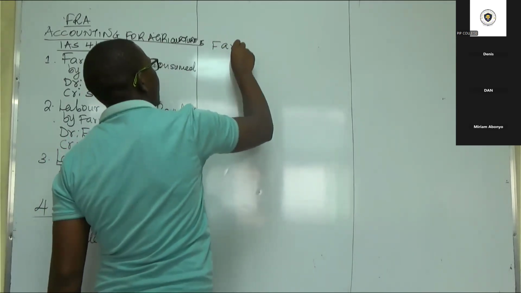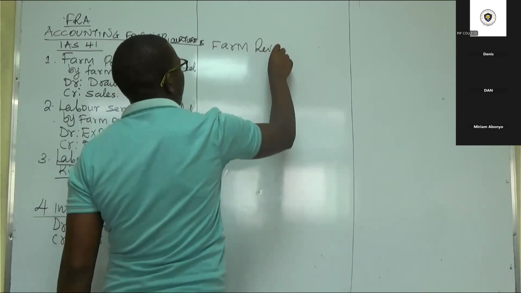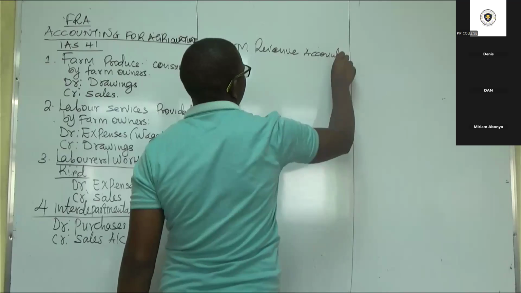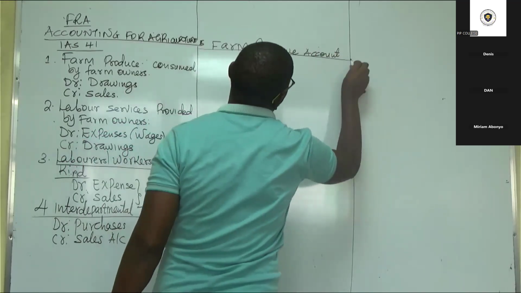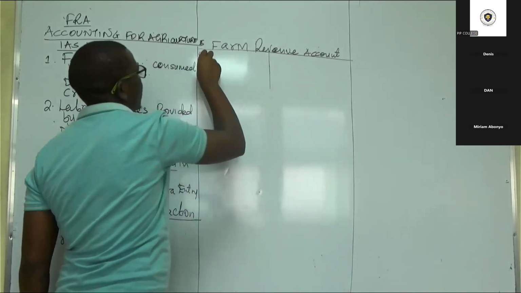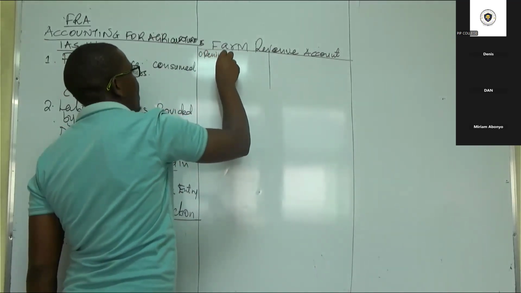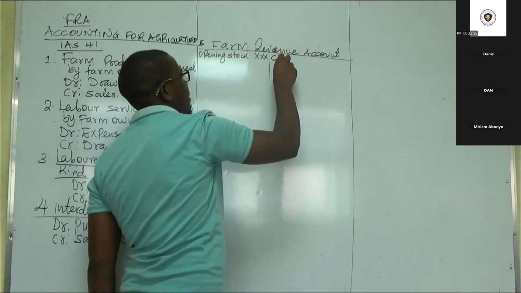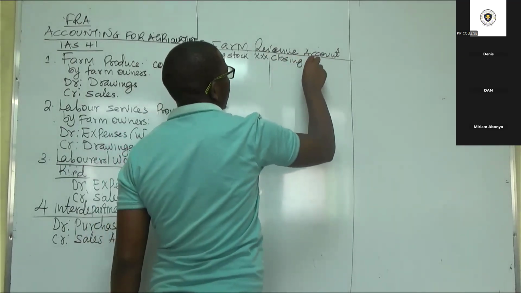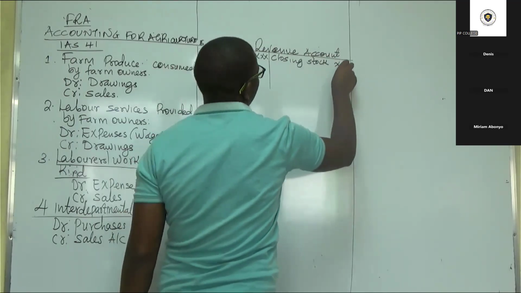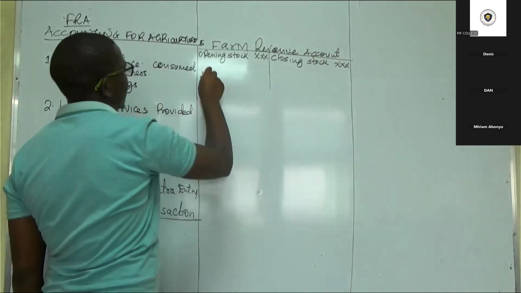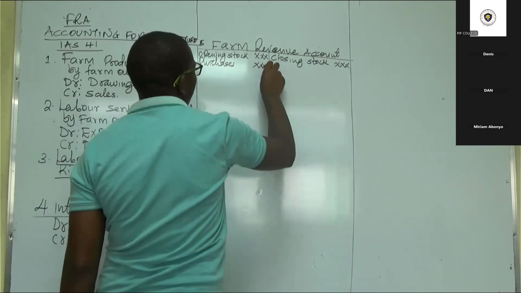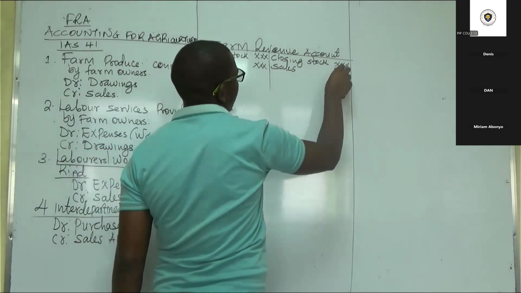Now, let's see how we prepare the farm revenue account. For the farm revenue account, we will have the opening stock. We'll also have the closing stock, which you credit. If there is any purchase, we'll debit purchases. Any sales, we credit the sales.